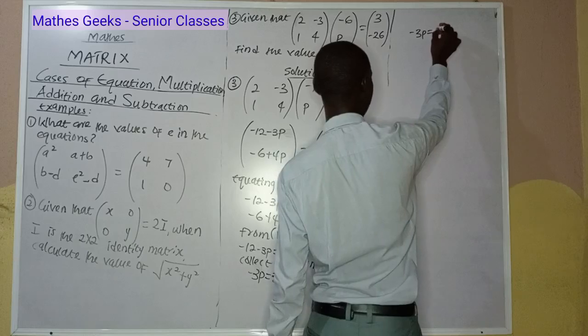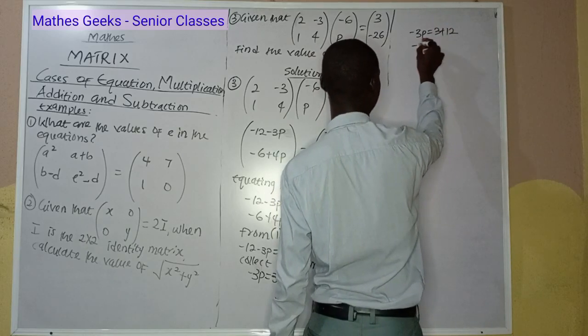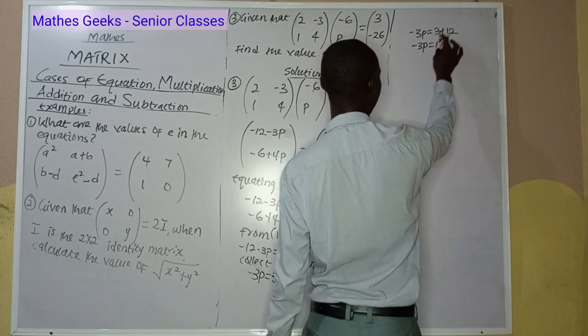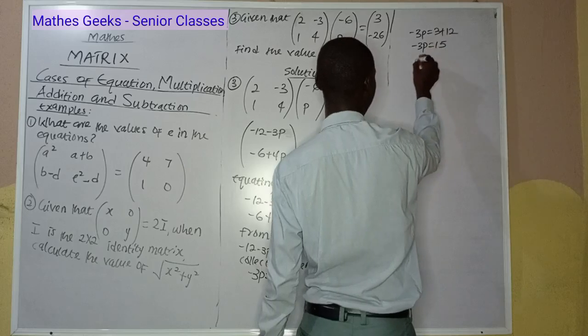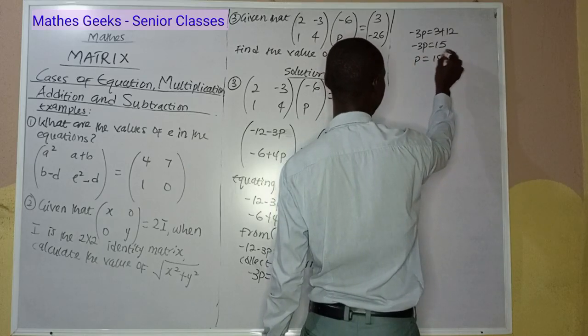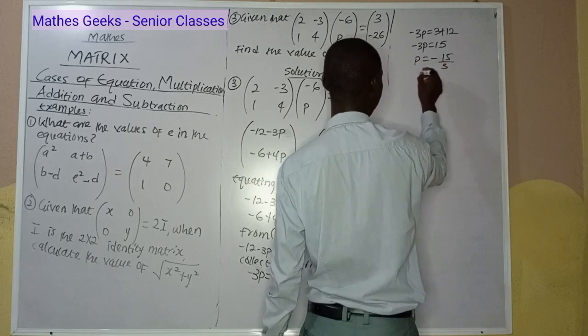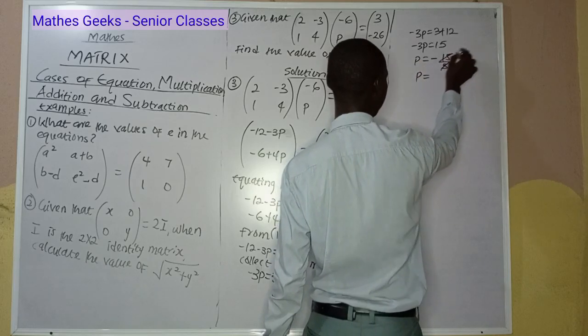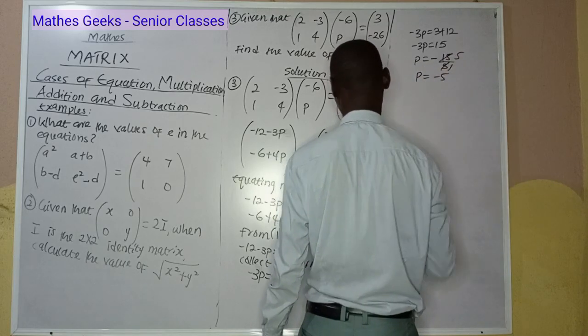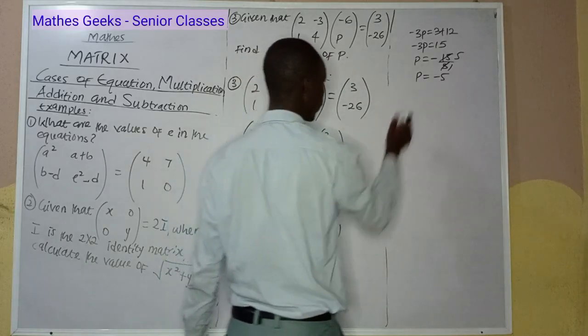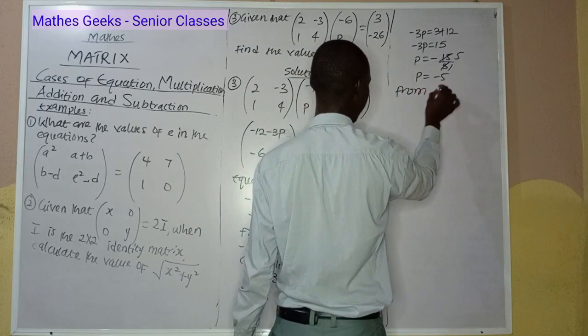Minus 3p is equal to 15. And p is equal to 15 over minus 3. So p is equal to minus 5. Let's see what p gives us in equation 2.